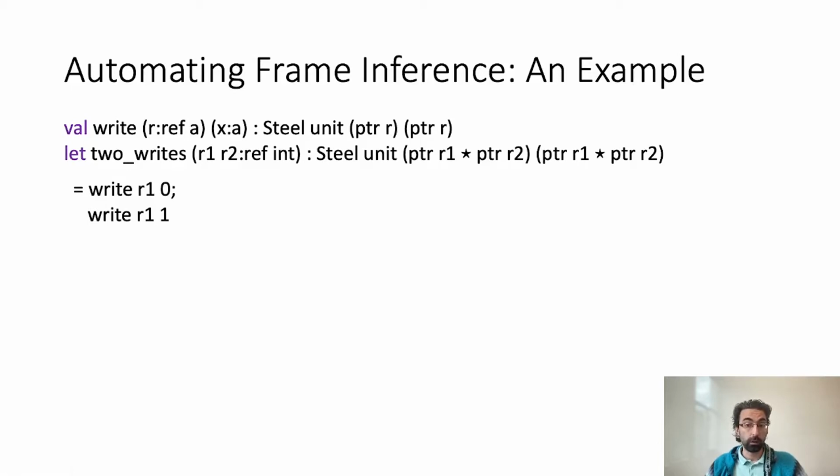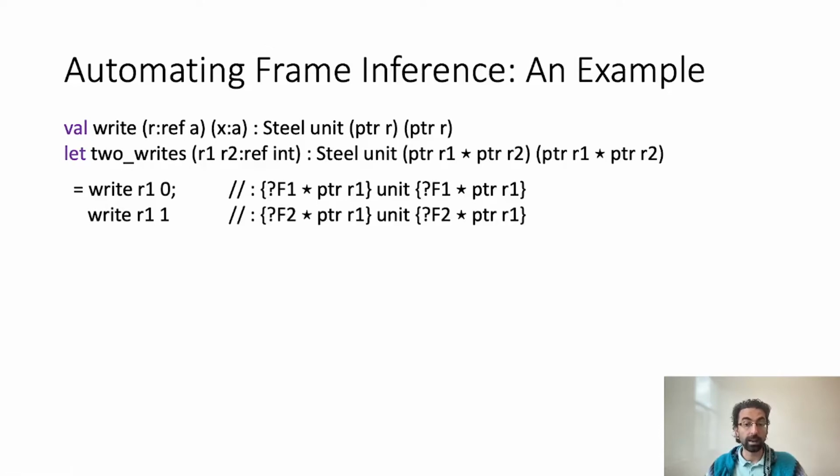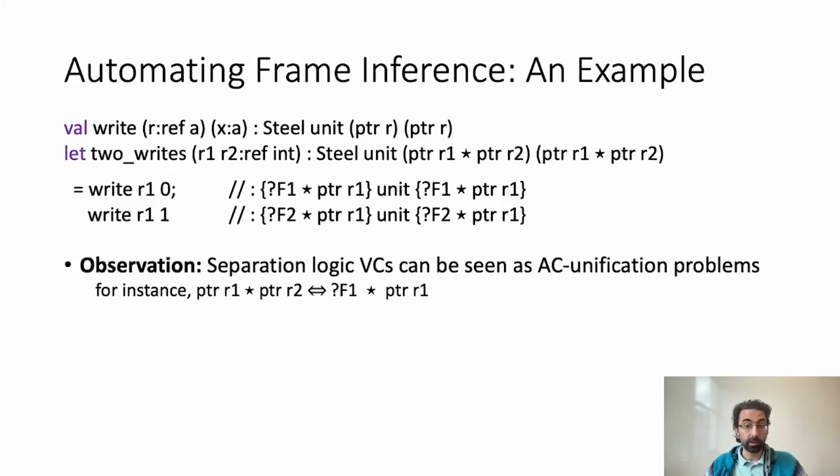So first, the frame rule is automatically applied to both function calls, generating the frame F1 for the first call and F2 for the second call. So now we need to solve F1 and F2. And our observation is that separation logic verification conditions can be seen as associative-commutative unification problems. For instance, solving the VC pointer R1 star pointer R2 is equivalent to F1 star pointer R1.